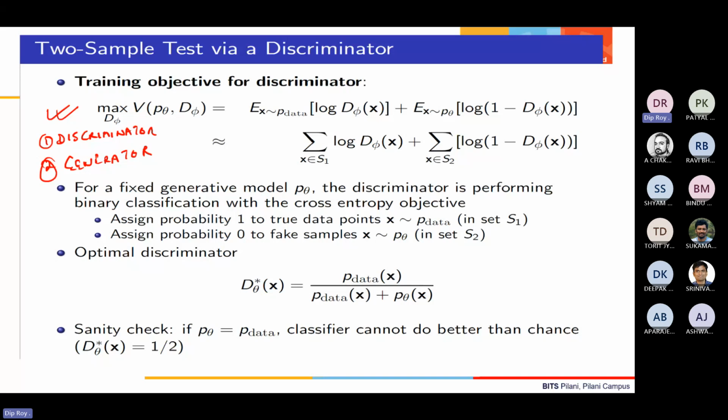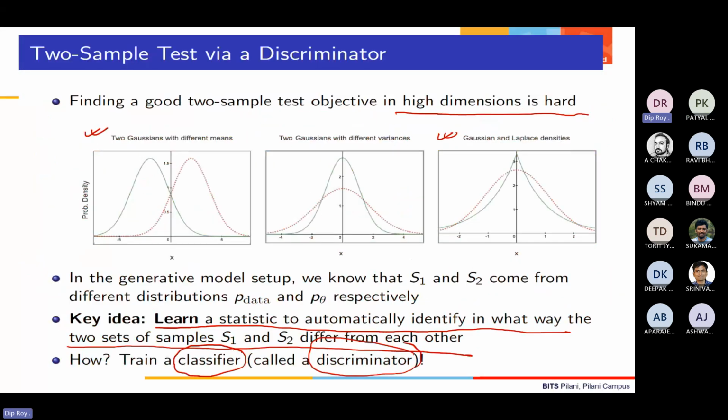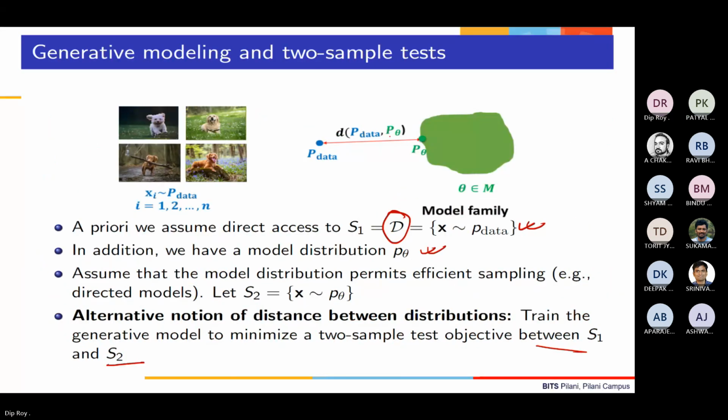Okay, so remember one thing here. When you see this particular diagram, the tool of choice for performance measure was KL. And we knew that minimizing the KL is equal to maximizing the log likelihood.